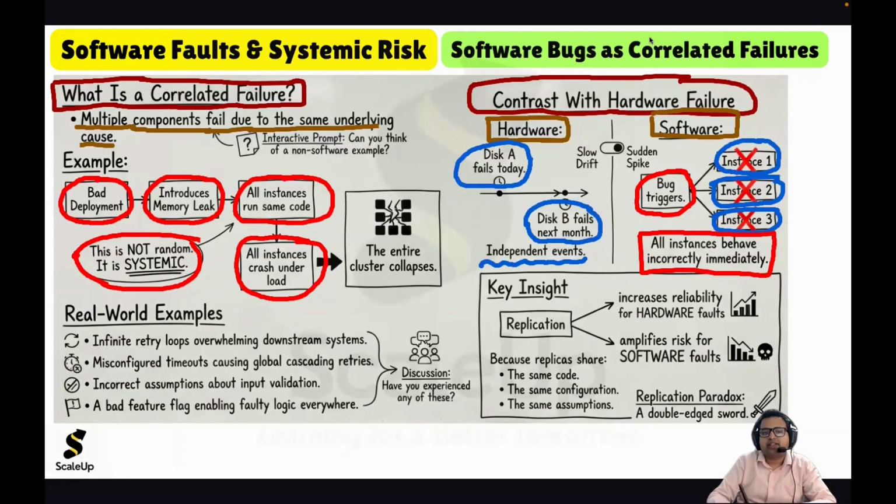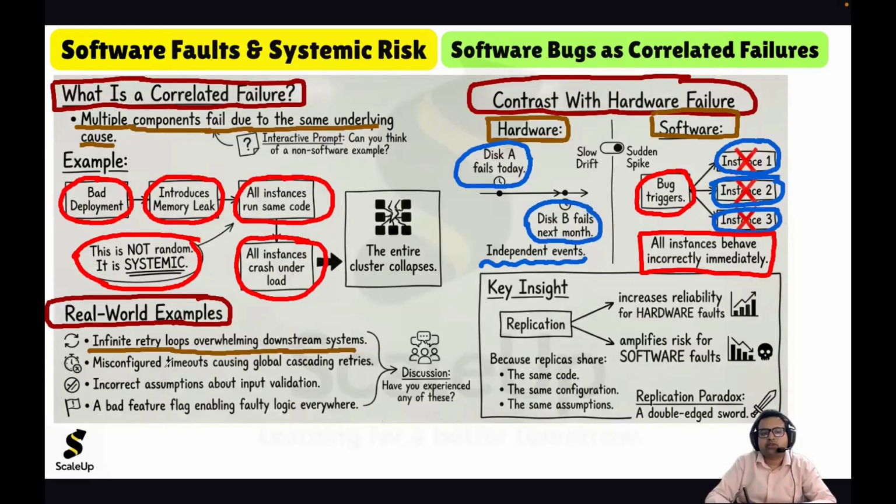Let us look at some real world examples of correlated failures, wherein multiple components fail due to the same underlying cause. So infinite retry loops overwhelming downstream systems. So infinite retry loops are an example of a correlated failure.